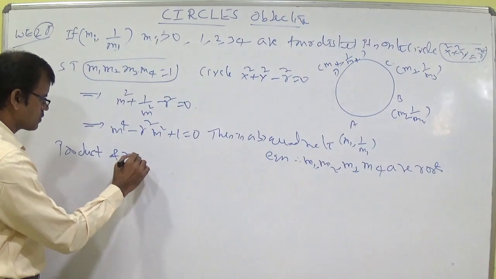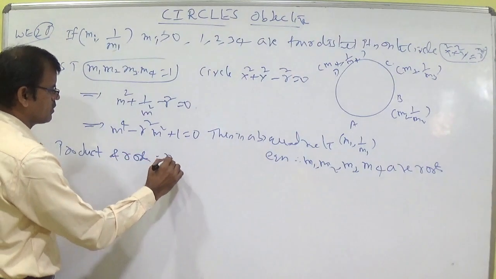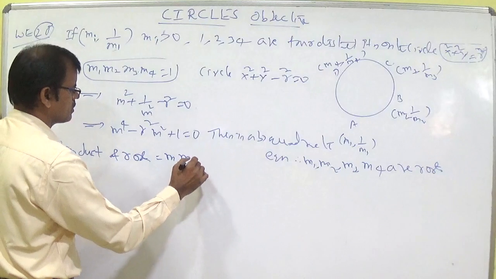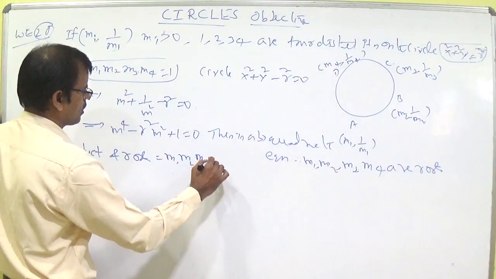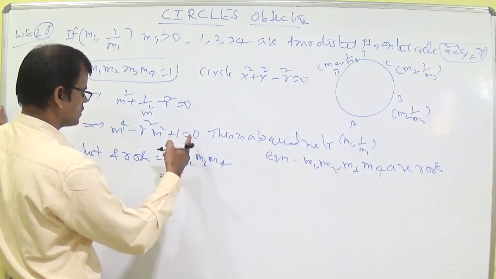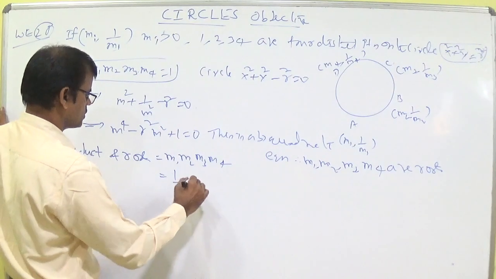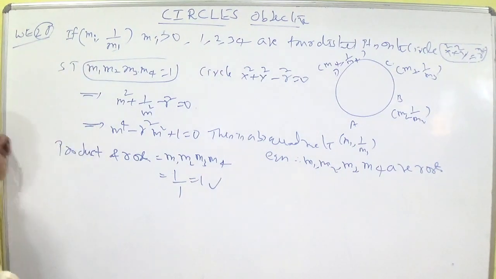It is simply c by a, that is 1 by 1, equal to 1. So m1, m2, m3, m4 product of roots is equal to 1. It is an important question for MSET.